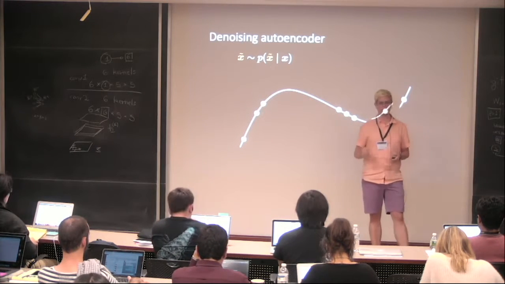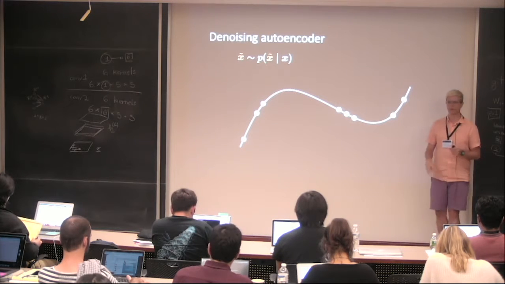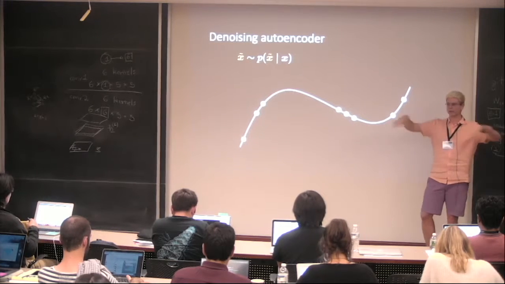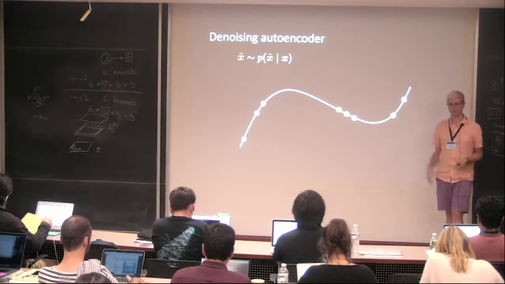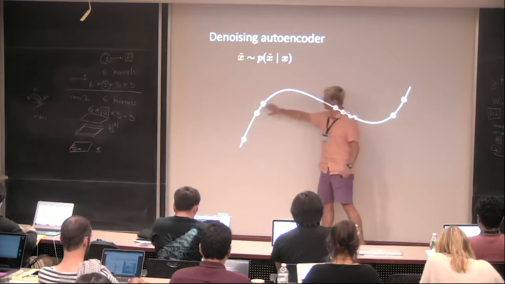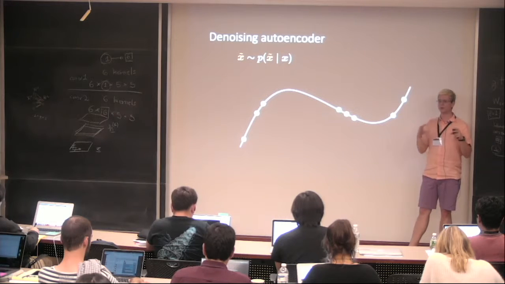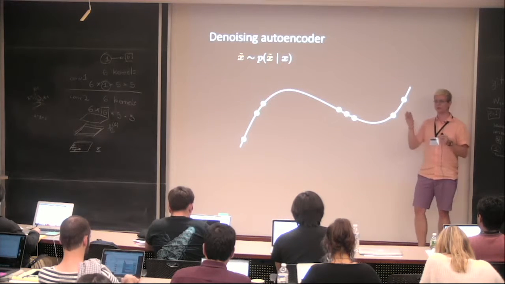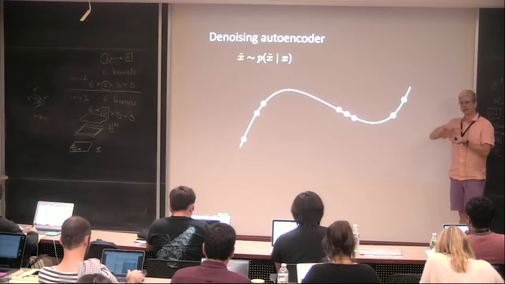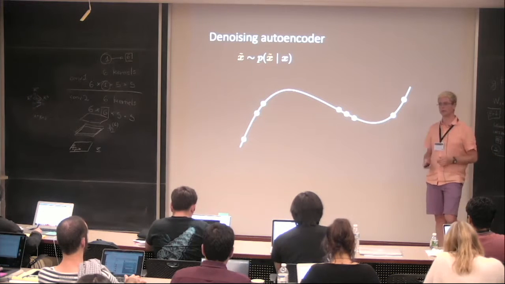Those digits are 28 by 28, which is 700 and something, and you can think about each digit as one point in this very high-dimensional space, right? And here I'm showing you that all these points follow a lower-dimensional manifold. Those dots are not sparsely distributed in the whole space, but are forming a sort of shape in this space.